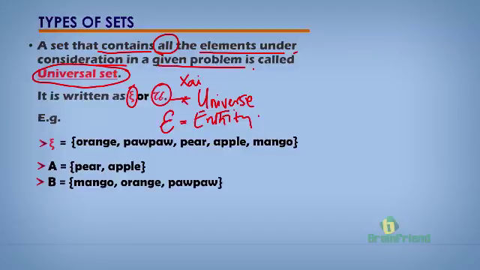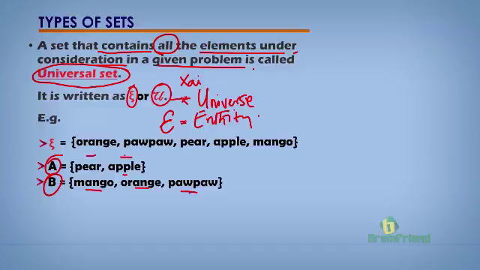Let's take an example of what a universal set is all about. If we have, for instance, our set A, which is a set of pear and apples, and we have another set B, which is the set of mango, orange, and purple. If we look at both of our sets, we'll see that we have pear, apple, mango, orange, and purple.